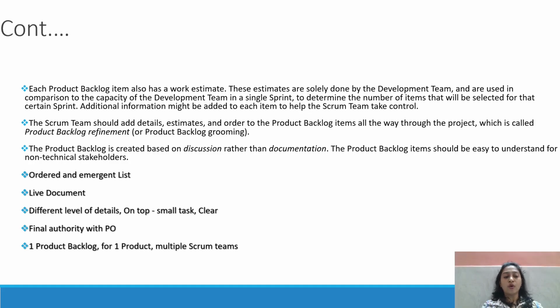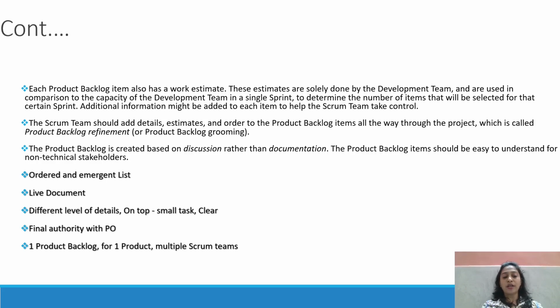So it is an ordered and emergent list, a living document, meaning discussions come first and documentation after that. There are different levels of detail: at the top, small and clear tasks, and we have to mention all the levels of detail. The final authority is the PO, the product owner.